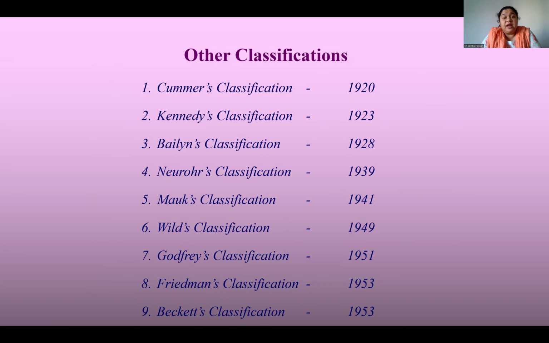It was given in 23, but when you're writing your answers, and for your NEET purpose also, they might ask you any classification. So if you want, you can just note it down.